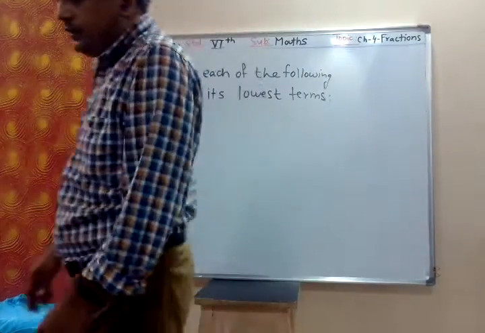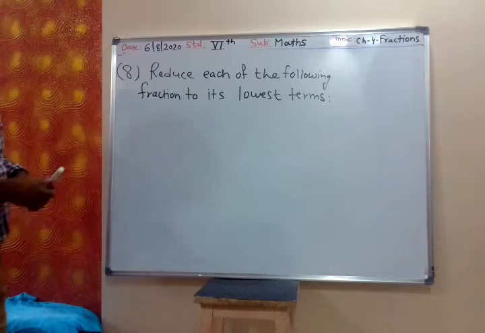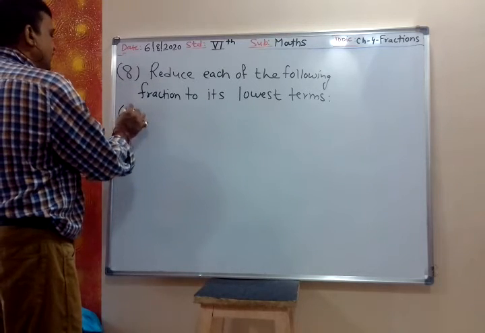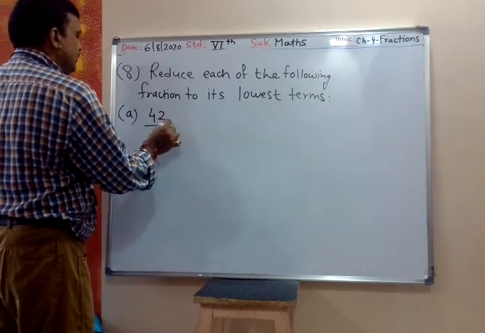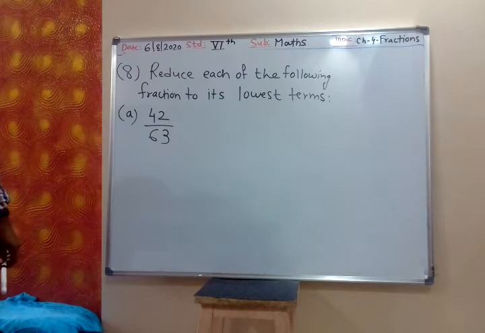Reduce the fraction to its lowest form. First is 42 upon 63. We want to reduce this fraction to its lowest form. You must be thorough with the table.